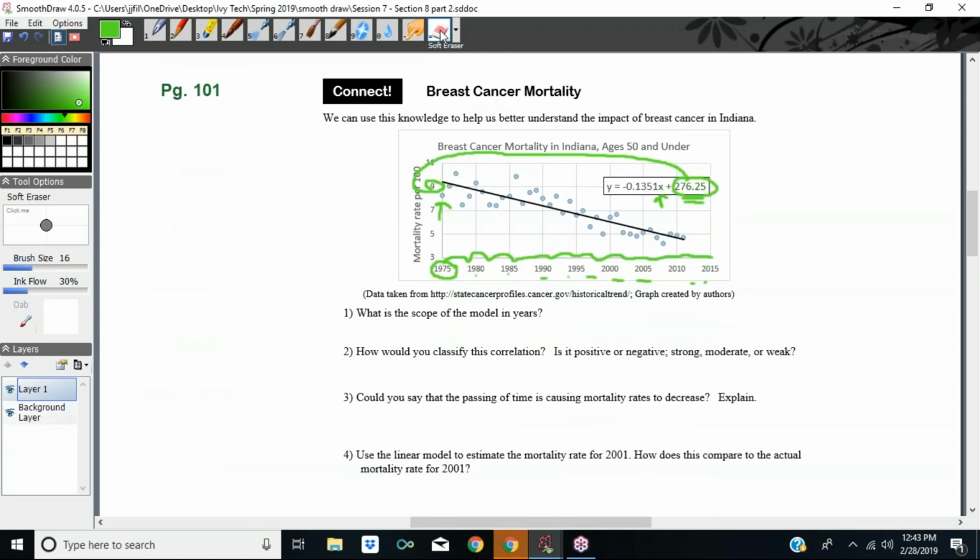Now the starting point is not 0, and so we are not going to count the spaces after the starting point, like we did those months, remember in the beginning? We did those months after January 2011. We're not doing the years after 1975. We're actually going to put the exact year in. And so let's see, what is the scope of the model in years? Where does it start and where does it end?